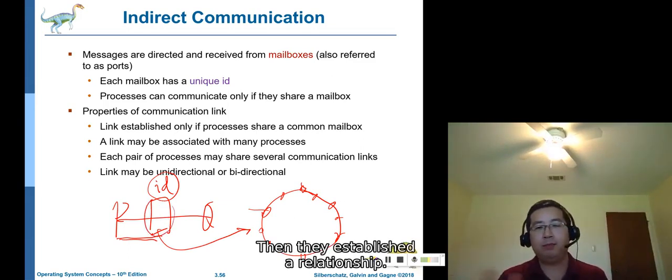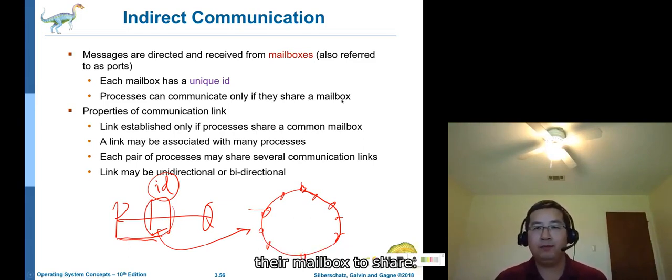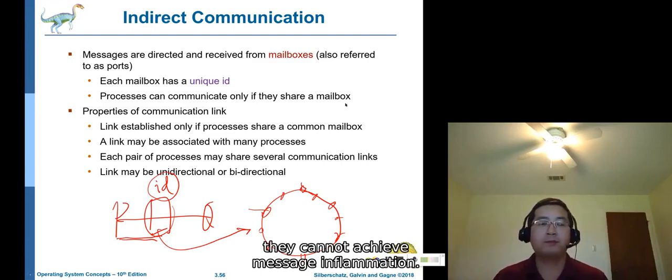Then they establish the relationship. Processes can communicate only if they share a mailbox. If they don't share a mailbox, they cannot exchange message information.